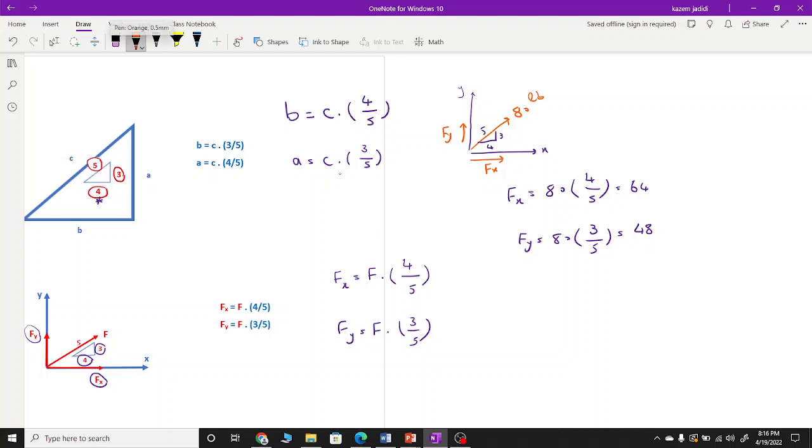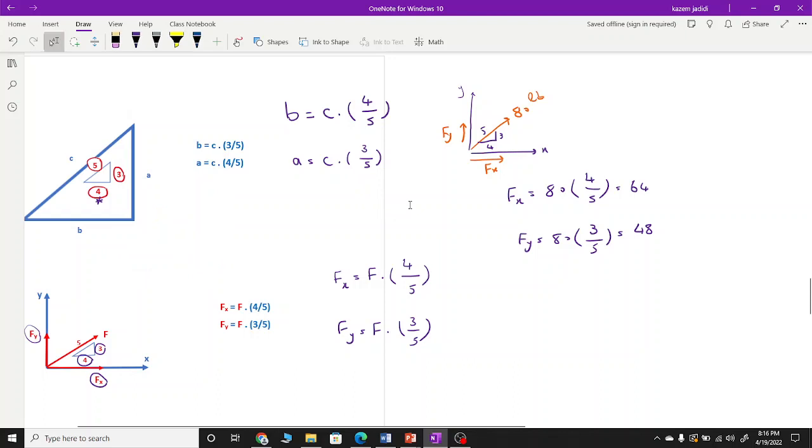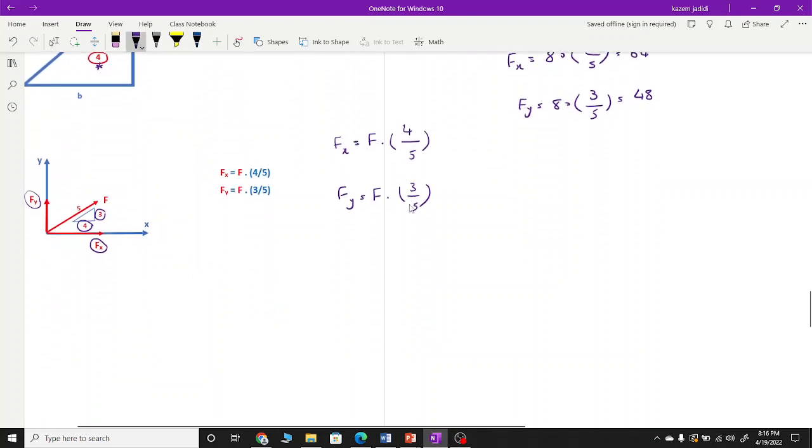Now, I want to add one more thing in here. When you're dealing with this 3, 4, 5 triangle in trusses, because over there also you're going to deal with it.